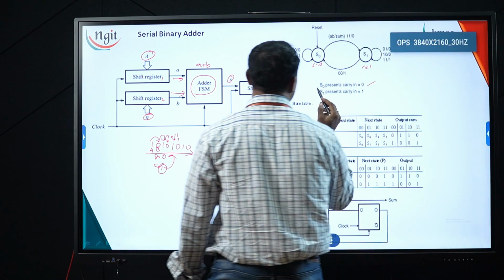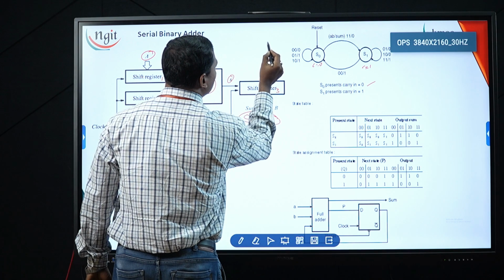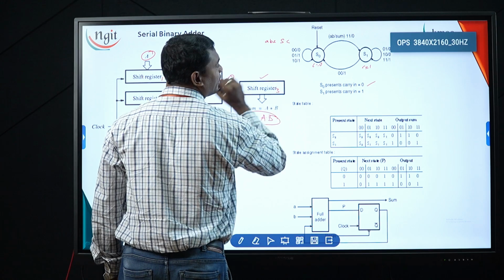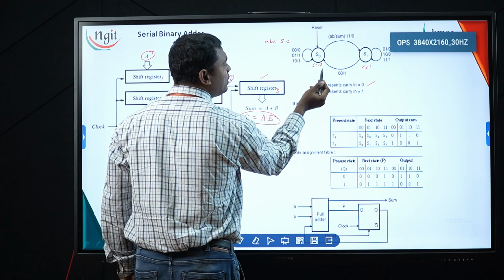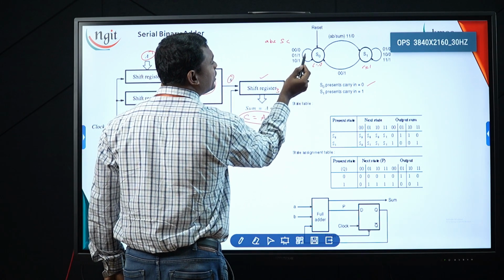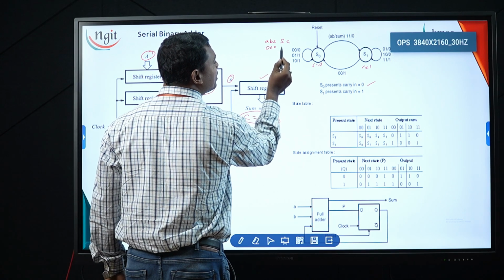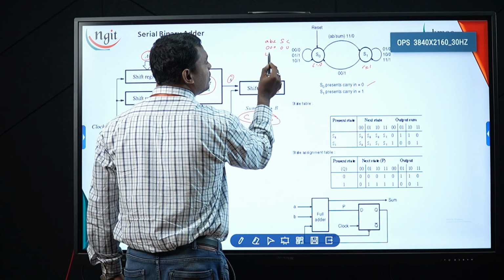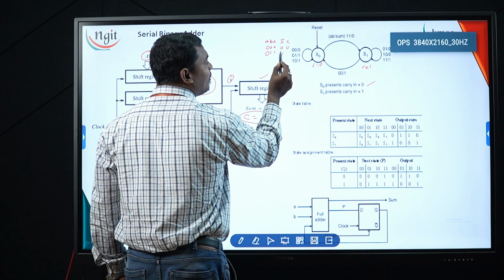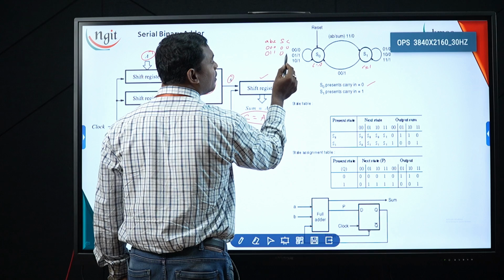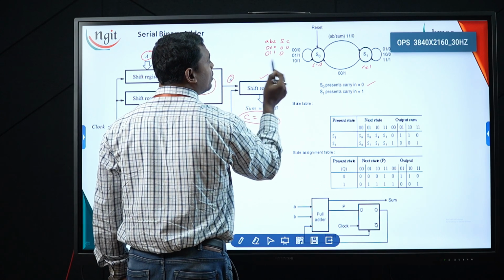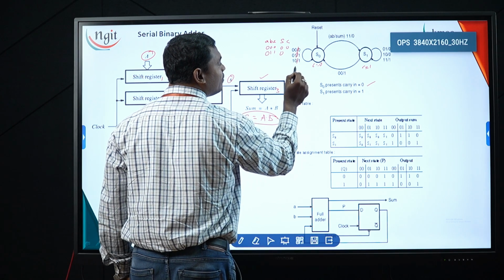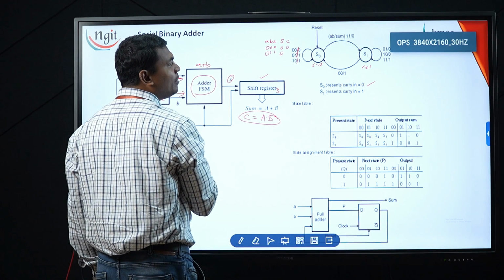Now see here, for example, I am taking my values as A, B, C, and sum and carry. So carry 0 remains here for 0 0 0, that is 0 0 0 gives sum value 0, carry value 0, right? Next 0 0 1 gives 1, 1 1 0 gives 1.